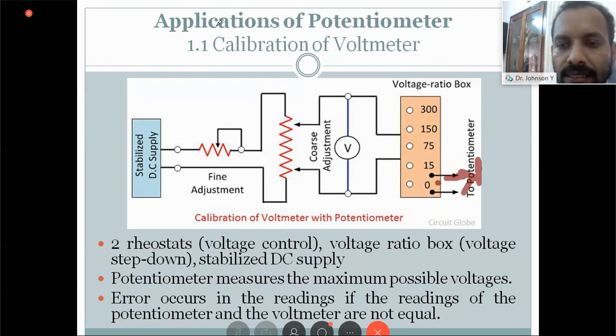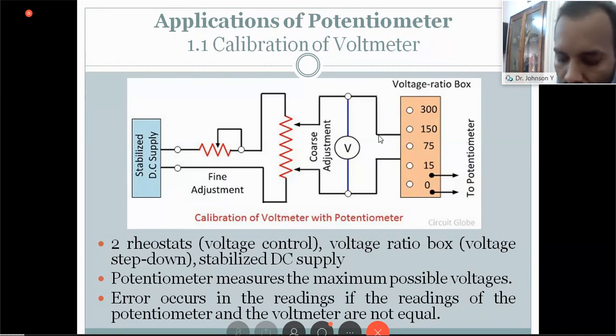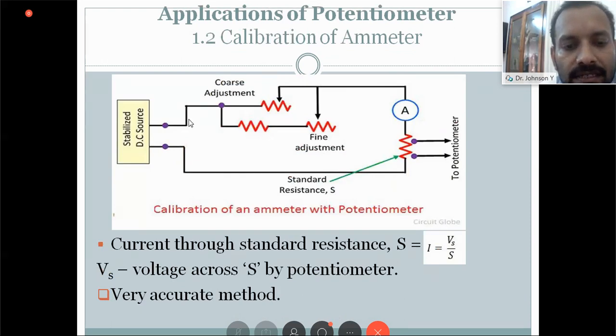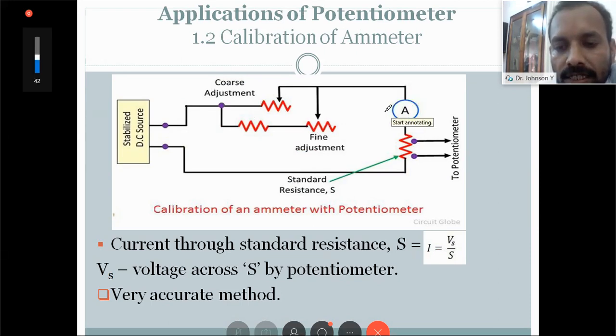In a similar way, we can calibrate the ammeter also. Here there is a stabilized DC source and a coarse and fine resistance arrangement, so that a constant current moves through this ammeter.